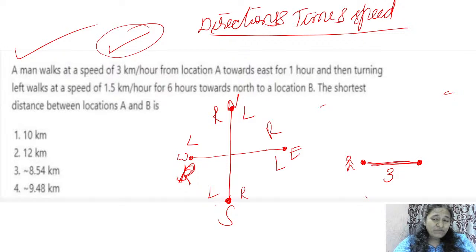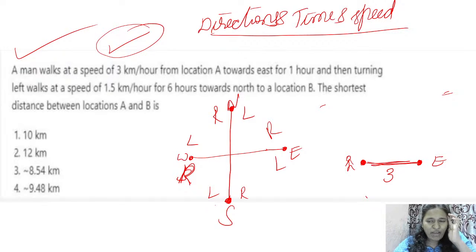What is the left from here? If we are going towards east, the left direction is towards north. Otherwise, we can imagine that we are turning towards east, then our left is towards north, right? Easily we can imagine that also.